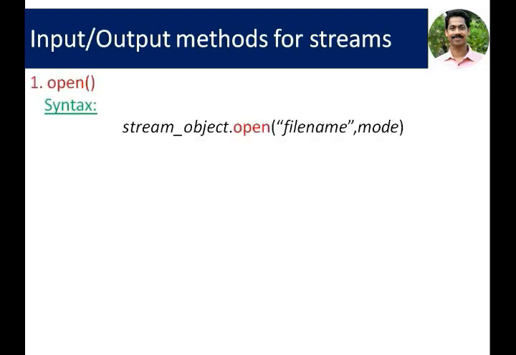First one is open, which is very important to open every data file. See the syntax: stream object. Stream object means we are defining a stream object using IFStream, OFStream or FStream. That object name dot open is the function name, then within brackets the file name within double quotation marks, comma, mode.